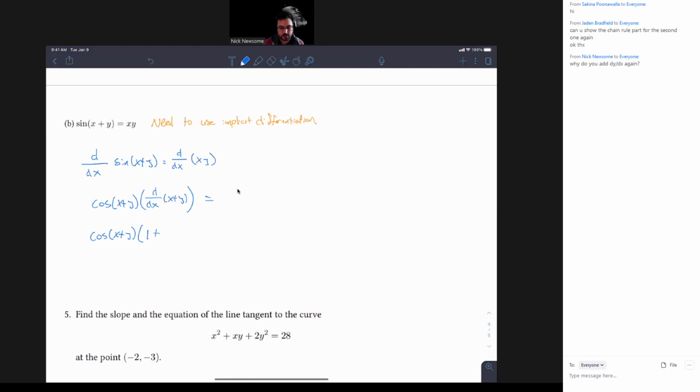And the derivative of y with respect to x is exactly dy/dx. Any questions about that left-hand side before I move on to the right-hand side?